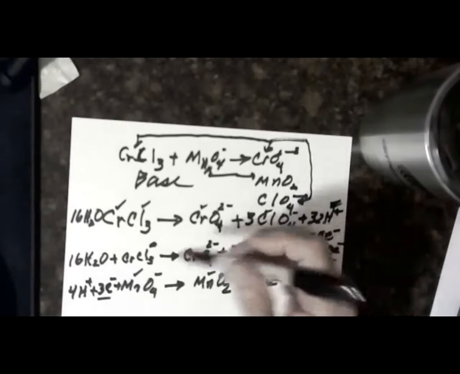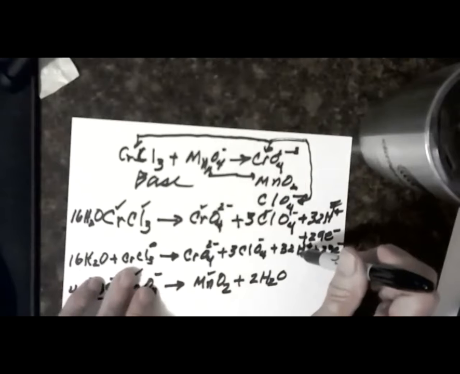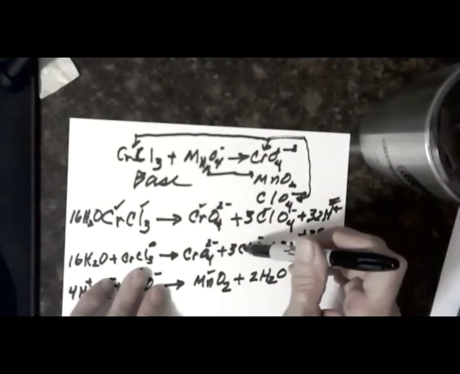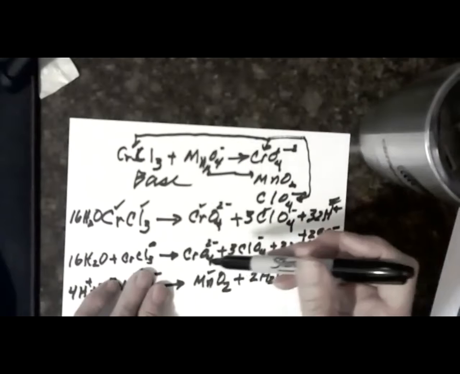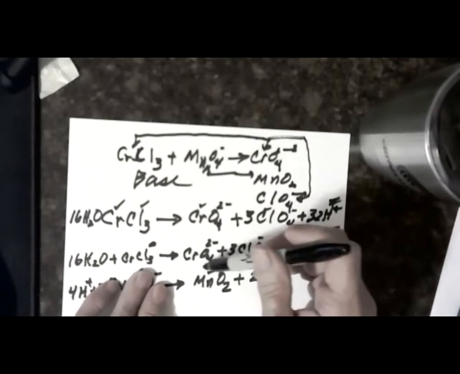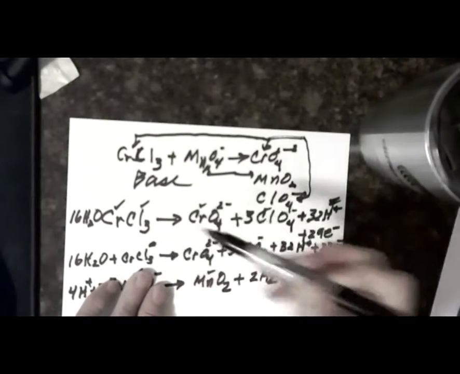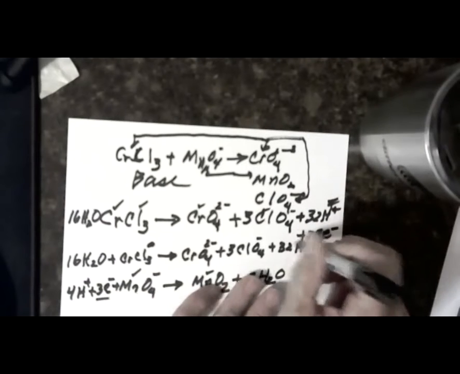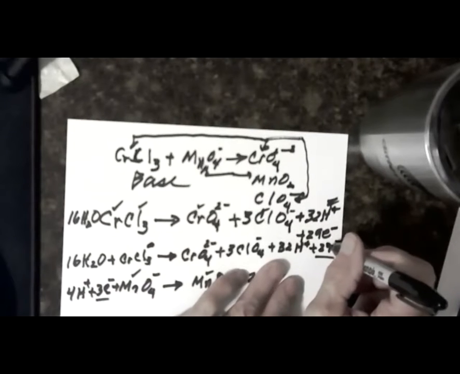Just to be sure that is balanced. 16 oxygens, that's right. And then I've got 32 and 29 is going to be 3.